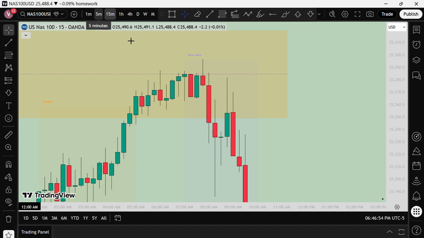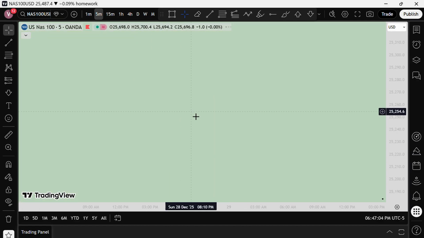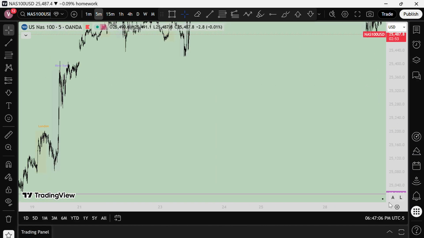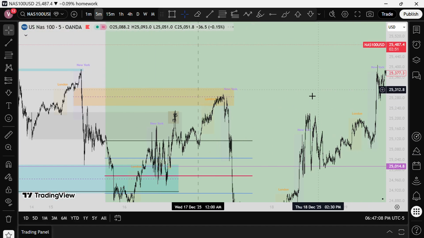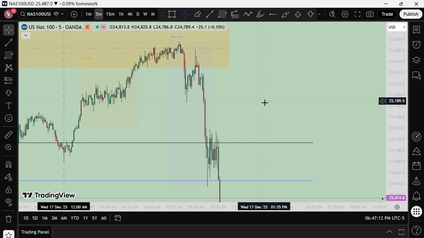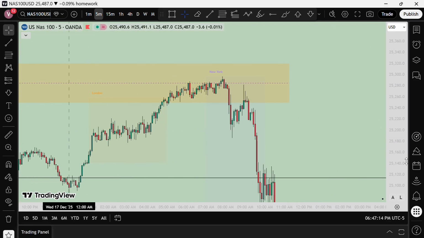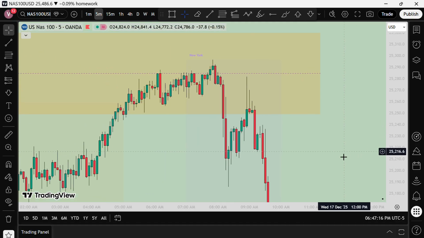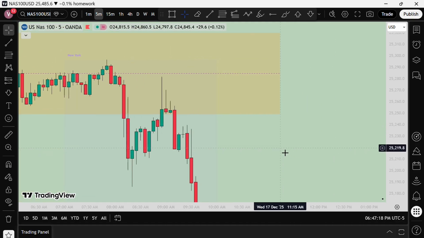Let me go on lower time frame to see this fair value gap. This one, it taps right in and then falls lower. Let's go to funnel and see what it's doing. I can't go any lower than 5 minutes, but we'll make it work somehow.